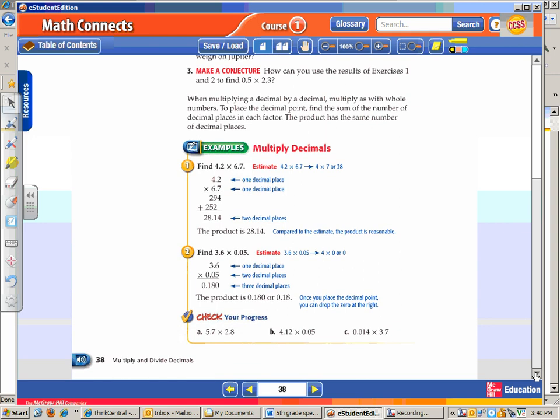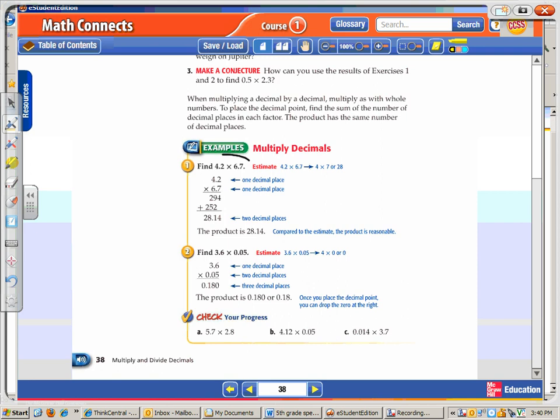So looking at our 2 examples here on this page, we're trying to find the product of 4 and 2/10 times 6 and 7/10. Okay. We have 1 decimal place in 4 and 2/10 and 1 decimal place in 6 and 7/10. Multiplying it out, you'll see that they left a space here. But I always encourage you to put a 0 instead of leaving that extra space.